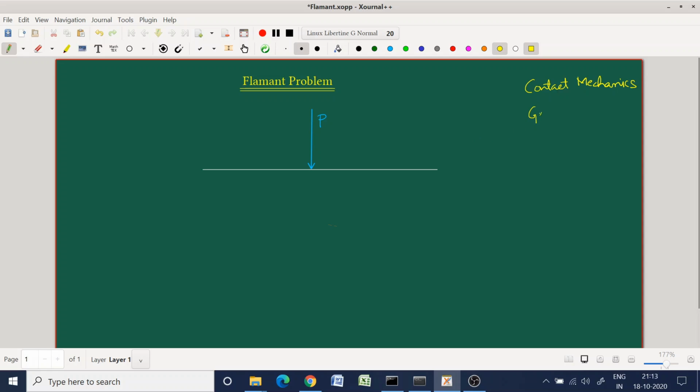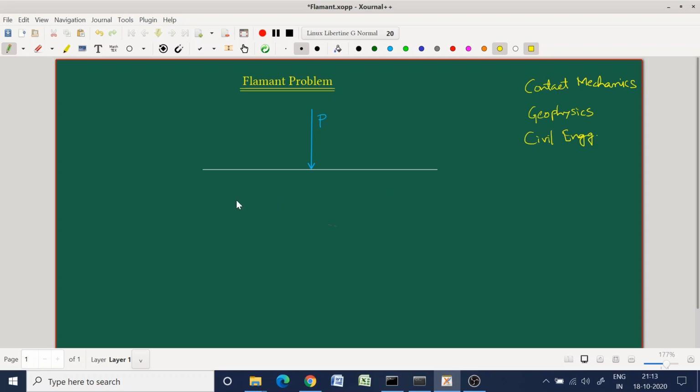So this kind of a problem has applications in geophysical sciences, civil engineering, etc., etc.